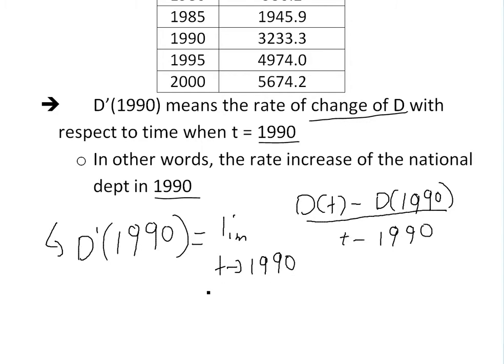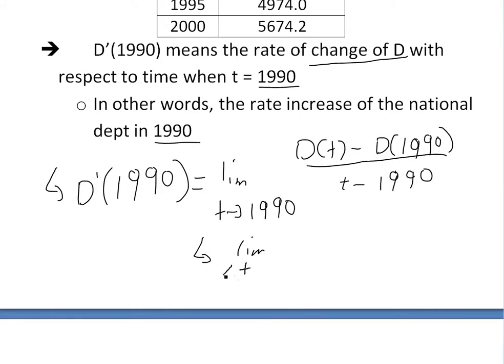This has the same meaning as the limit as delta t approaches 0 of delta D over delta t. The bottom is approaching 0, and the top is the difference between D of t and D of 1990.